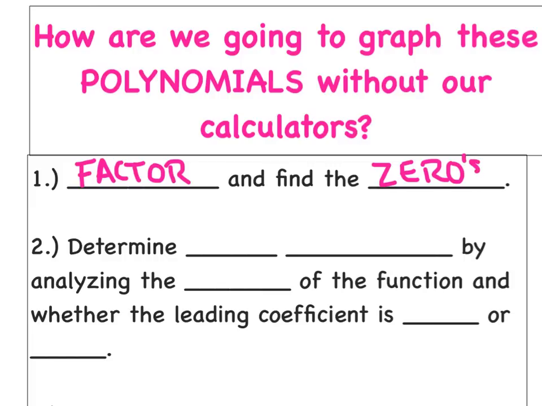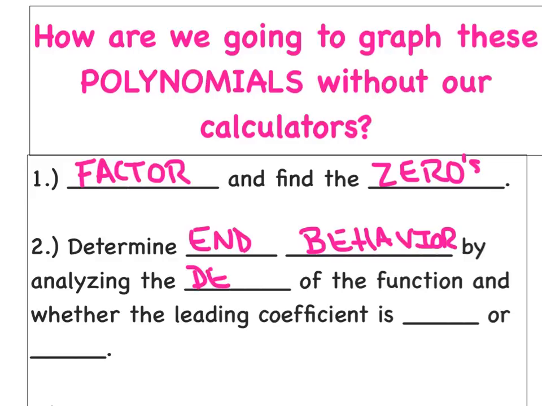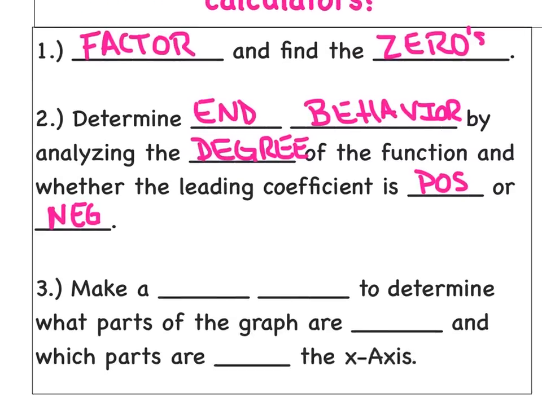Then we're going to determine the end behavior by analyzing what? By analyzing the degree of the function and whether the leading coefficient is positive or negative. And then here comes the zinger.